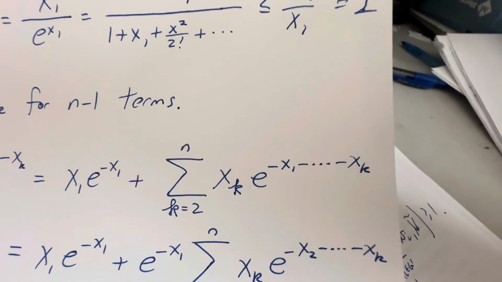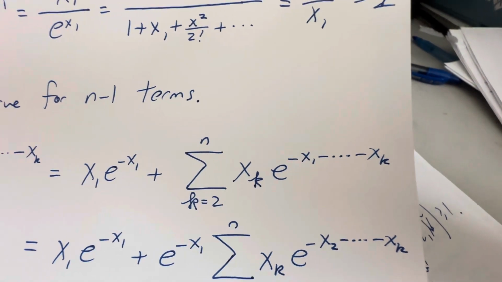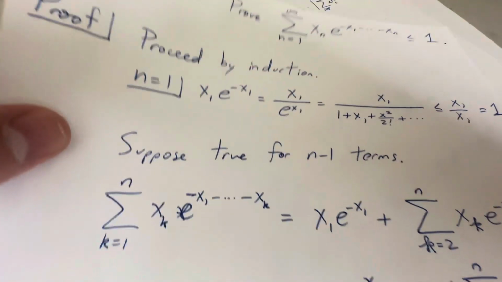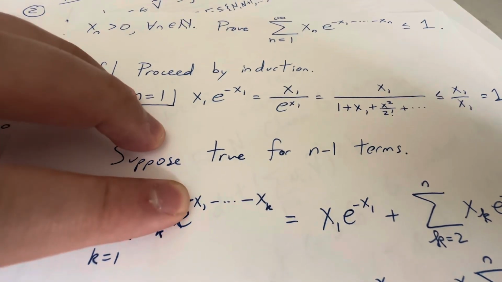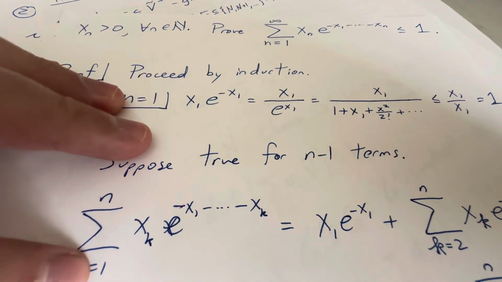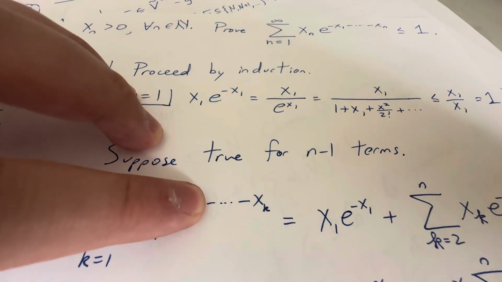So notice that e to the negative x1 appears in every single term of this series, because remember, this was hard for me to see, when we start with k equal 1, this x1 appears every single time. So when we go k equal 2, you'll have xk, or x2 here, e to negative x1, negative x2.